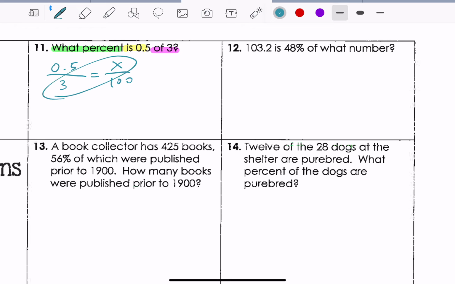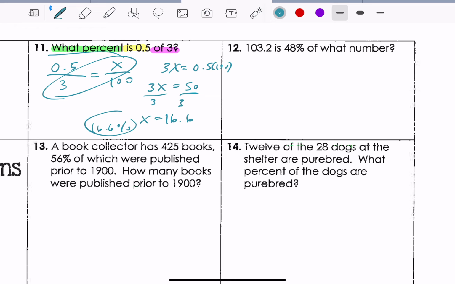I'm going to set this up to solve. 3x equals 0.5 times 100. So 3x is equal to 50. I'm going to divide both sides by 3 to solve, and I get x is equal to 16.6666. I'm just going to leave it as 6. And because they want to know what percent, I've got to make sure that I write it as a percent.